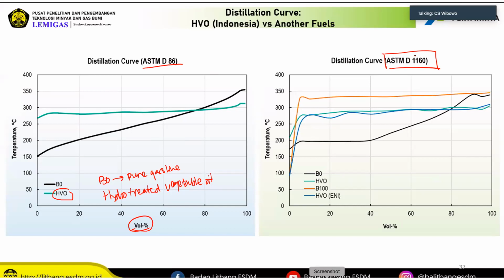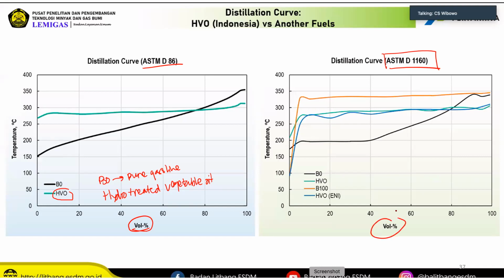The difference is actually almost the same. It's the standard test method for distillation of petroleum products. We can state it is an analytical method to determine the temperature as a function of the volume fraction distilled.